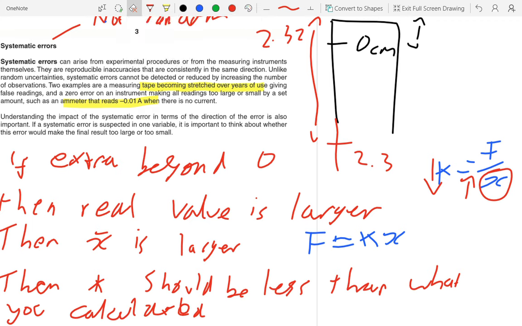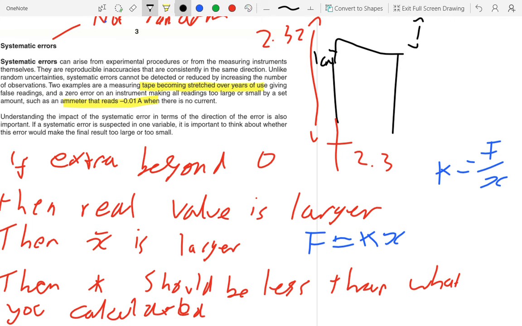And then if we look at it the other way round, we just change a few things, so we get rid of this end bit here, and like I said before, it's chipped at the end instead. We've got this as 1 centimetre, and we measure it to be 2.3 from the very end of the ruler here. We know 0 should be about here, so your actual value would be 2.28 centimetres.